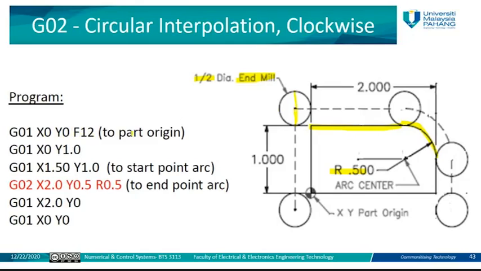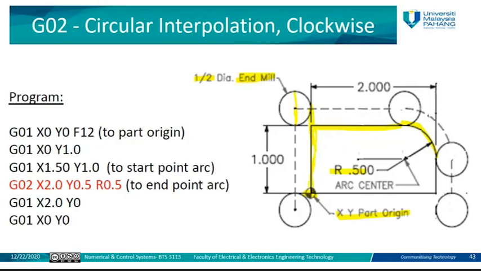This is the origin point of the part, and we start from this point. Then G01, X0, Y1, that means the movement will go from x equal to 0, and it will go in the y direction only.